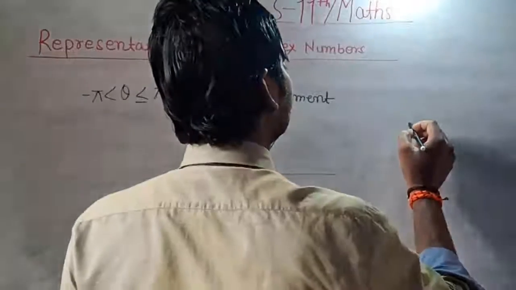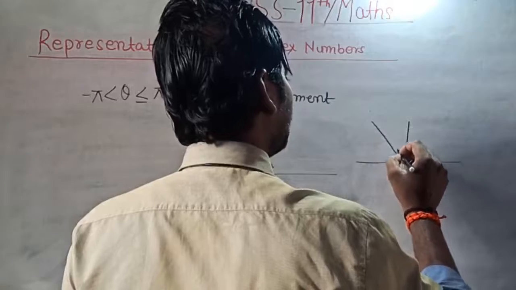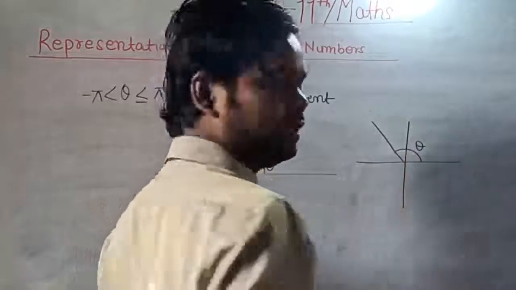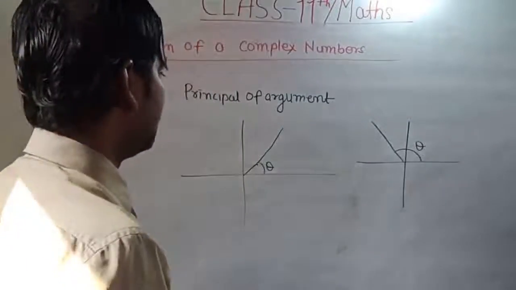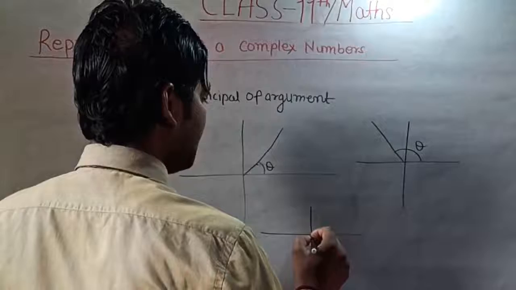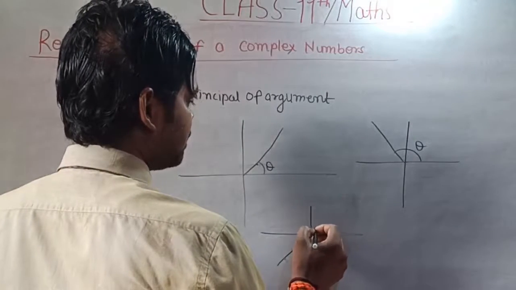If the modulus line lies in the second quadrant, then the argument is this, measured from the positive direction of the x-axis.